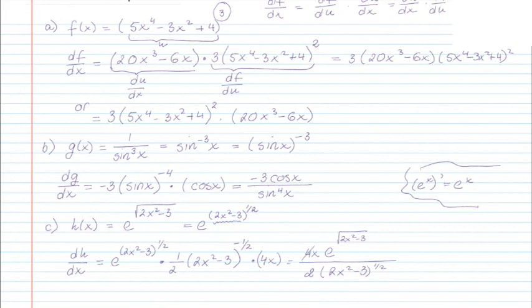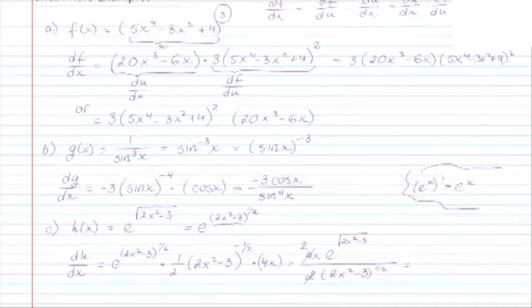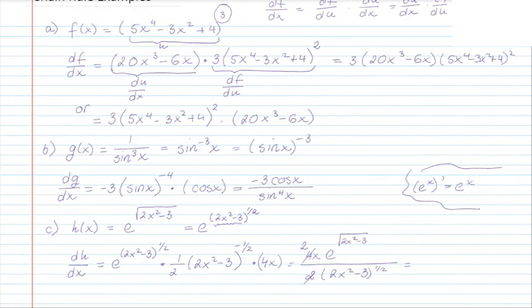Now this 4 and 2 cancel out. I'm left with 2 up there. 2x e to the square root of 2x squared minus 3 divided by square root of 2x squared minus 3. And that's it.